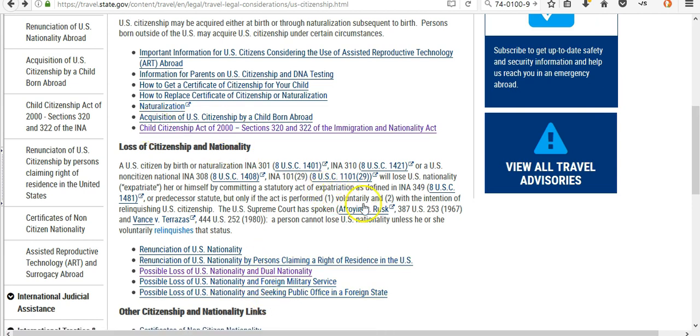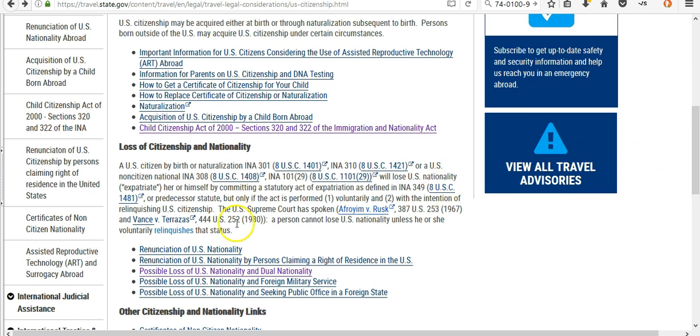So, going back to what they just said. A U.S. citizen or a U.S. non-citizen national will lose U.S. nationality for himself or herself by committing a statutory act of expatriation. But only if the act is performed voluntarily with the intention to relinquish U.S. citizenship.